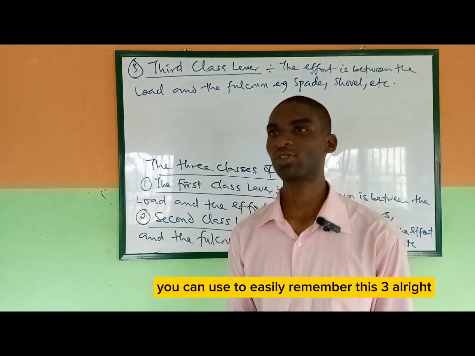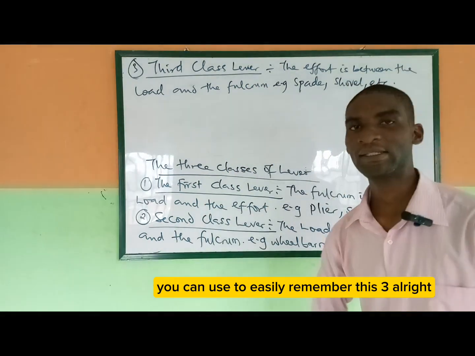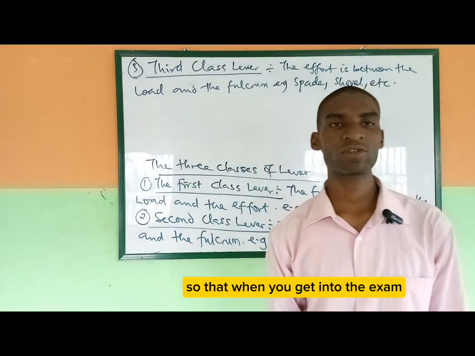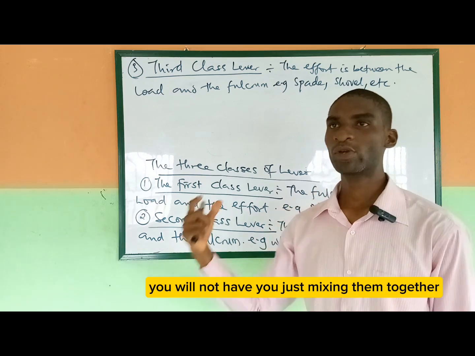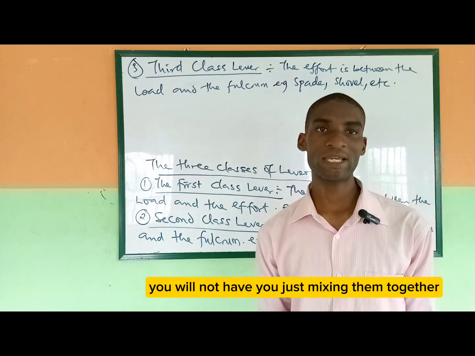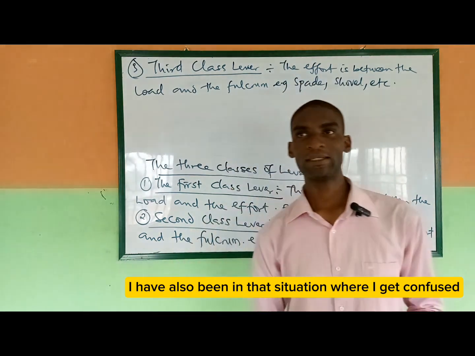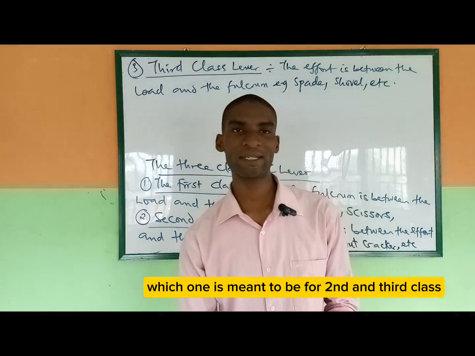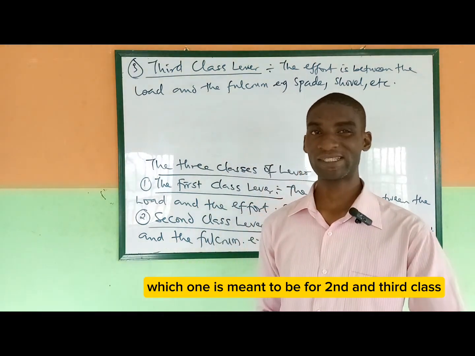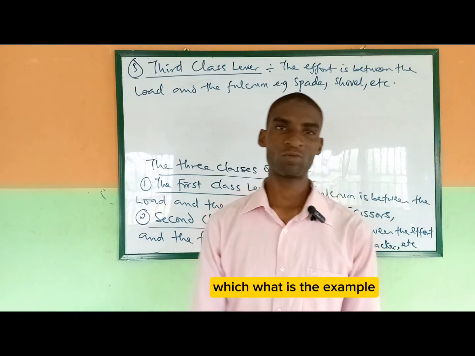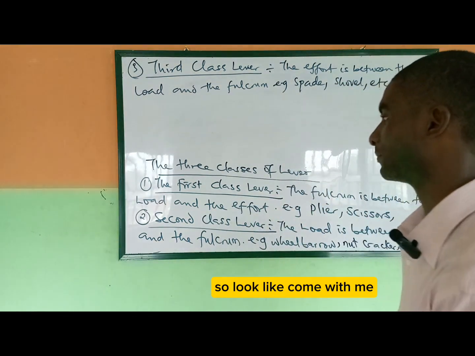Now, if you have watched up to this point, I'm now going to show you the simple trick you can use to easily remember these three, all right? So that when you get into the exam, you will not have issues mixing them together. I have also been in that situation when I get confused which one is meant to be for second and third class, which one is the example. So come with me.